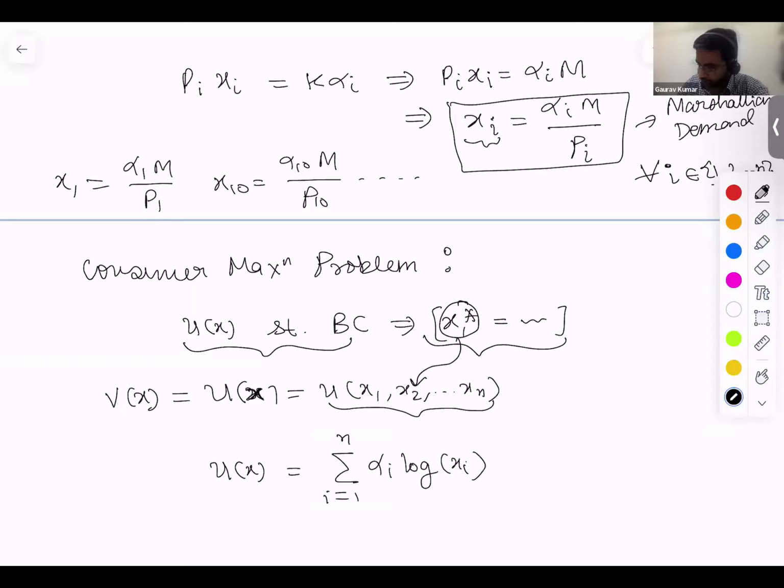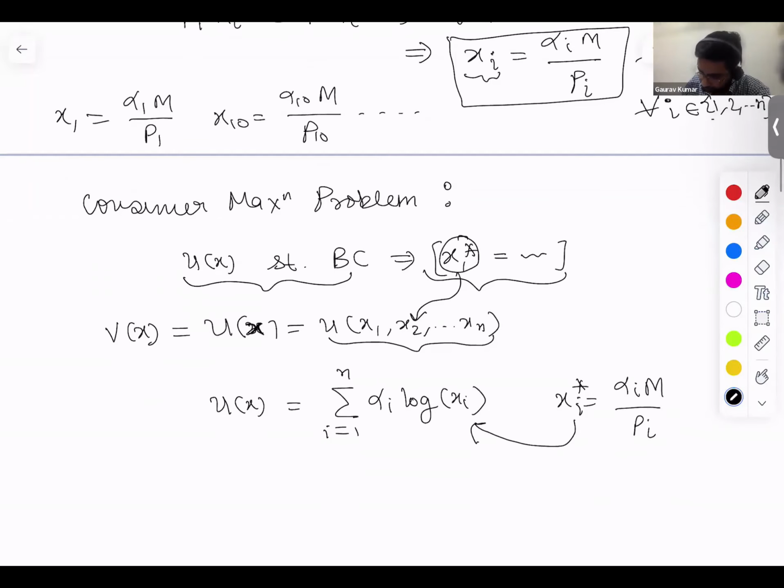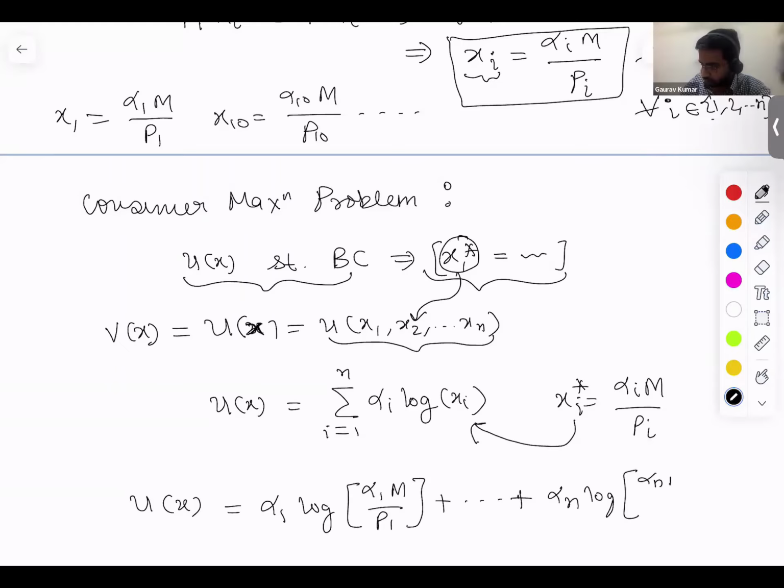And for us, xi, what we have derived as a result of the consumer's optimization problem is this. Now we substitute it here. So what we get is alpha 1 log of alpha 1 m by p1. And similarly you will do this for all n, so you will get alpha n log of alpha n m by pn.